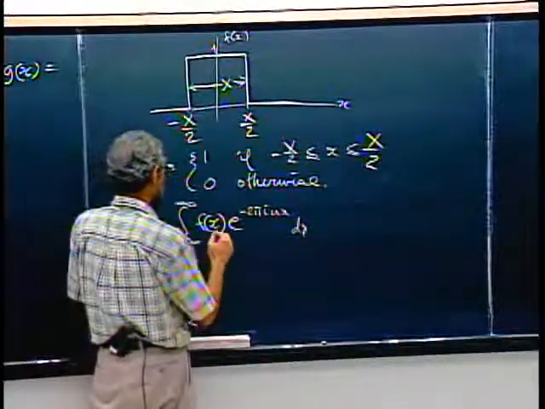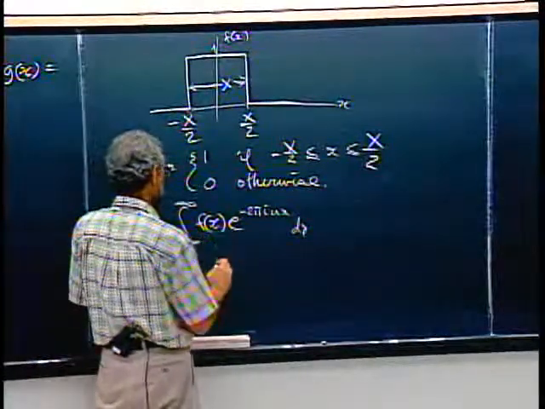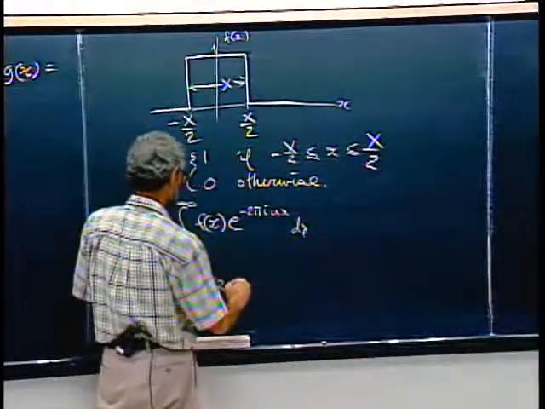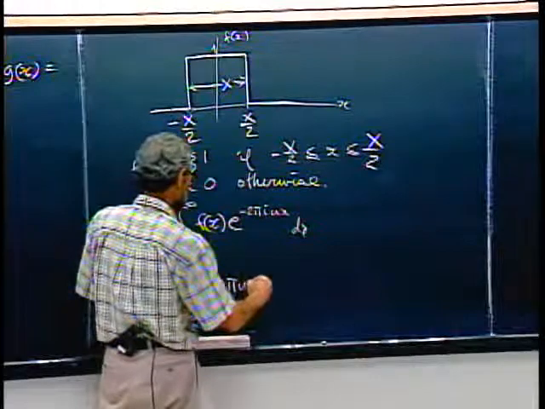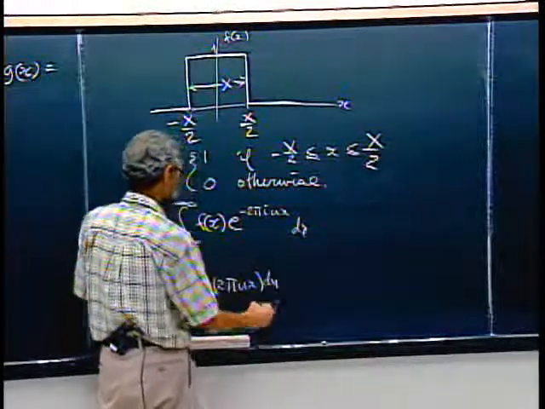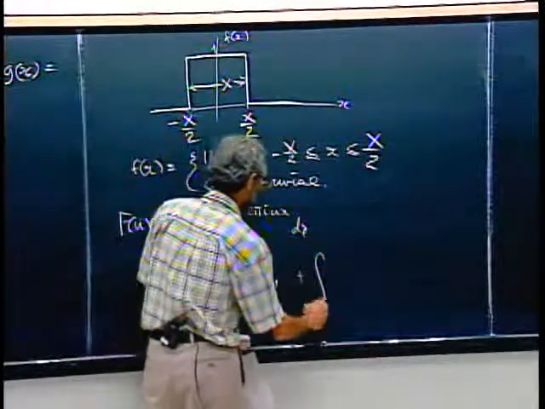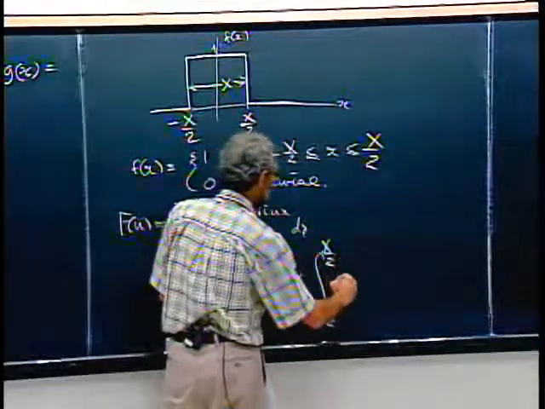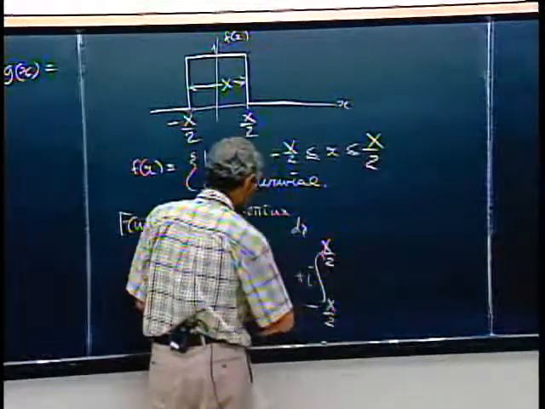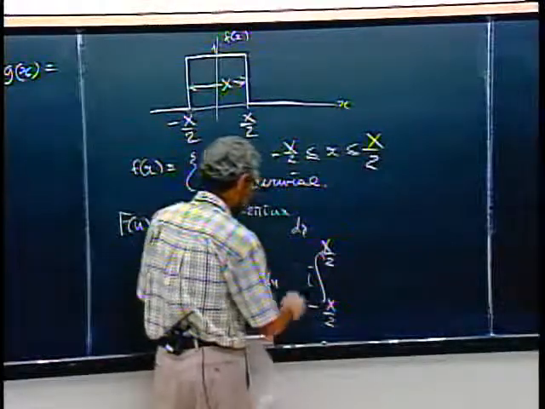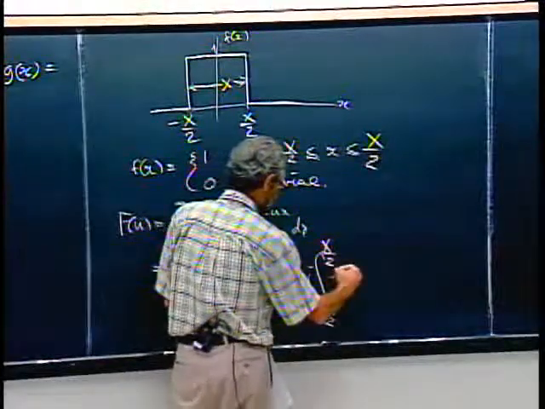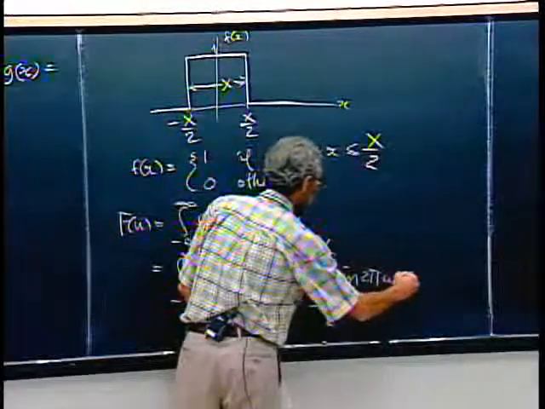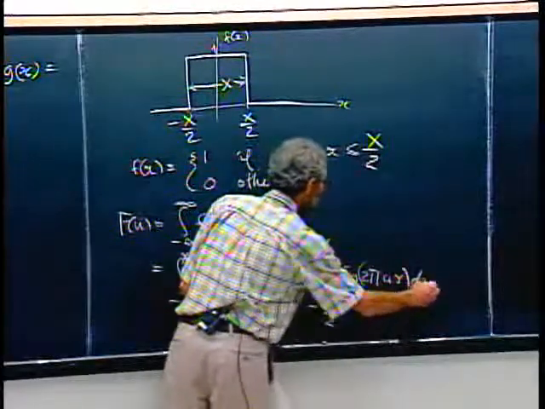And then f of x is 1 there, and then we can just have the cosine 2 pi ux dx, and a similar integral from minus capital X over 2 to plus capital X over 2 with an i in front of it, and I guess I have a minus. That's the same mistake I made last time. Sine 2 pi ux dx.